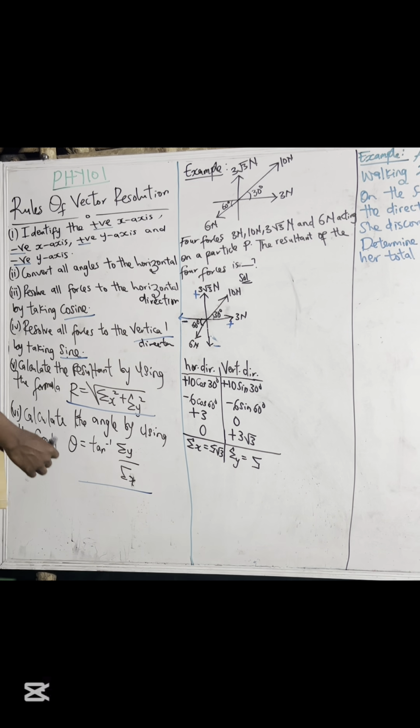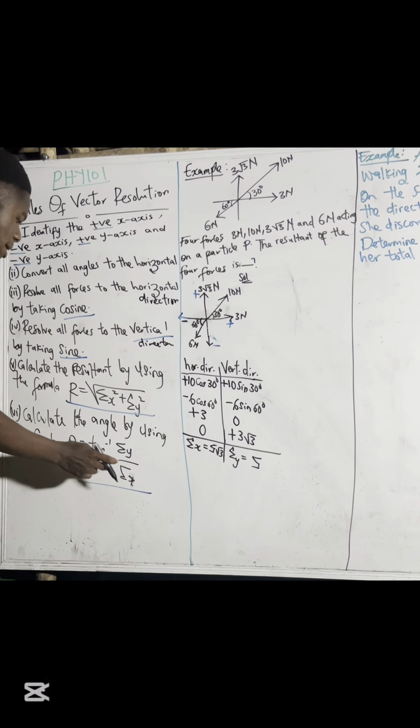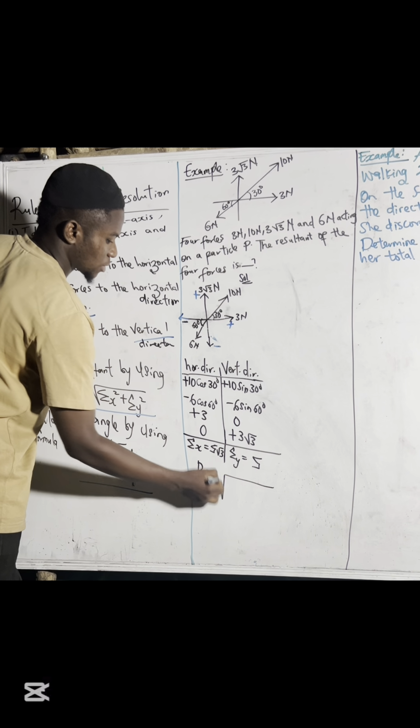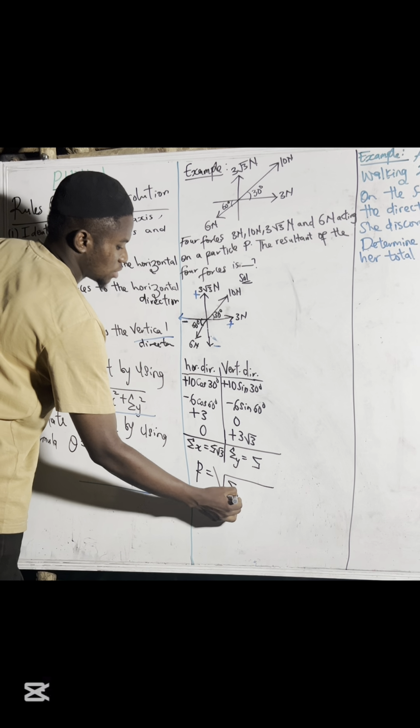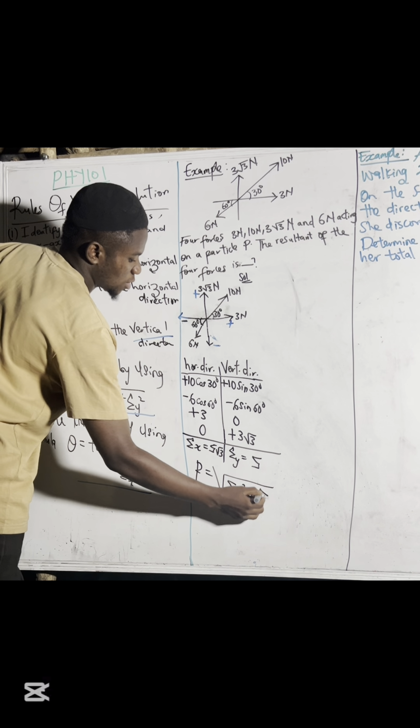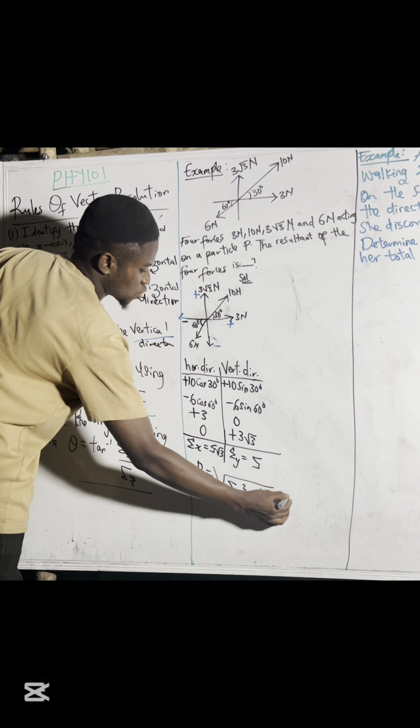So therefore, guys, we are going to calculate the resultant by using this formula. Our resultant equals root summation x squared plus summation y squared.